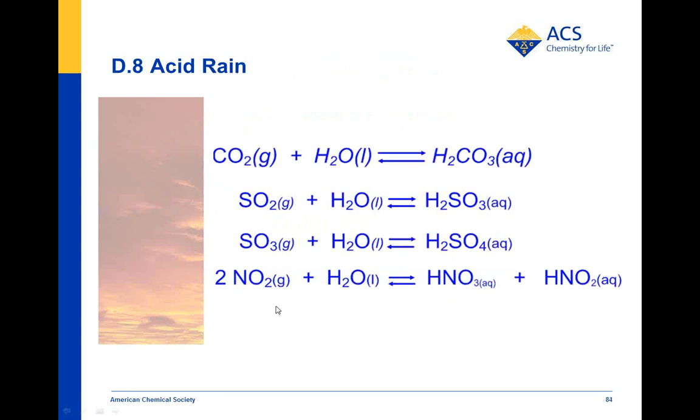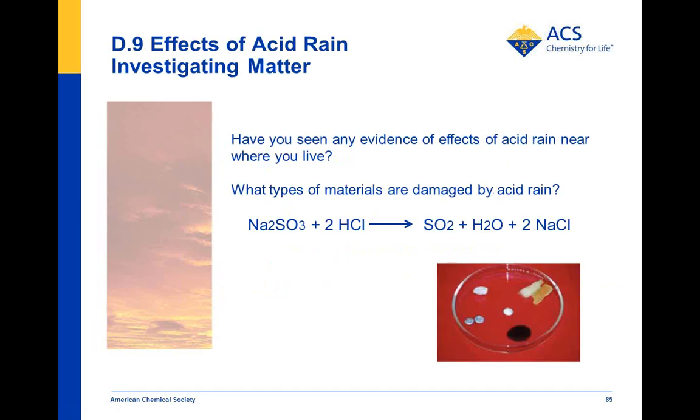And so here we're writing equations. So what happens when a gas molecule reacts with water to form an acid in the atmosphere? And so this information has them, again, looking at equations, looking at balanced equations, law of conservation of matter, as well as being an introduction for the lab that's going to come next.